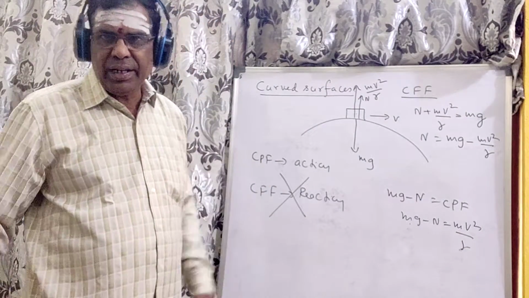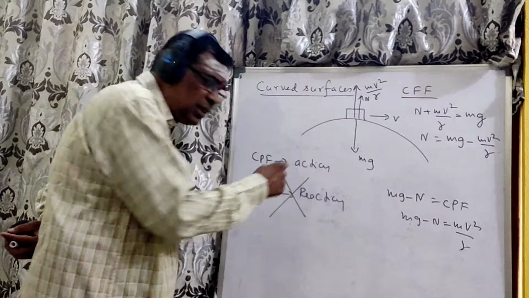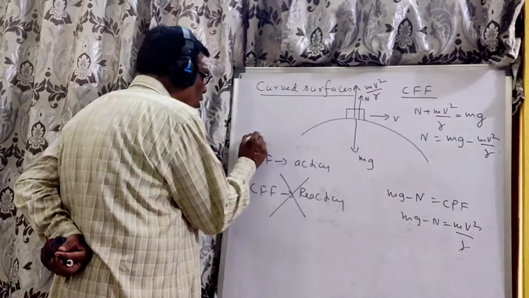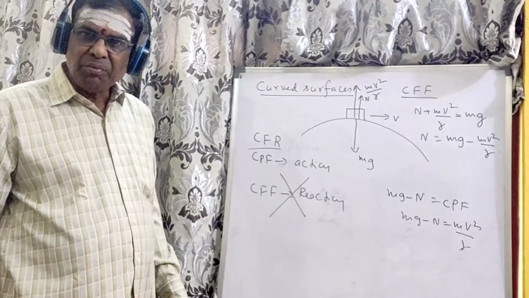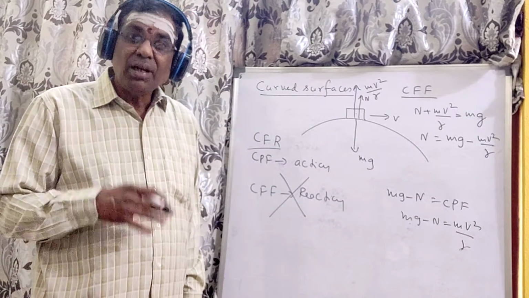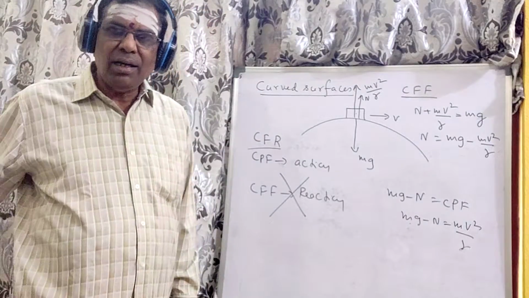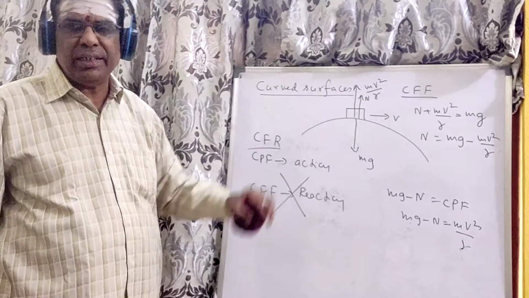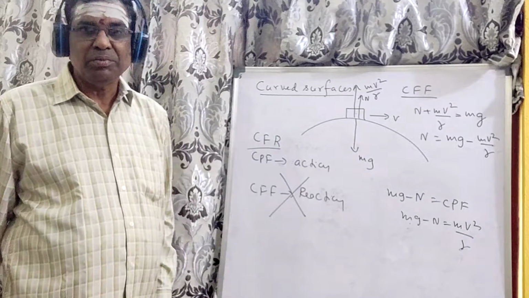So how can you call it a reaction? Then do you have a reactionary force of centripetal force? Yes. That is called centrifugal reaction. The total force by the body in the line of radius away from the center, that is called centrifugal reaction.